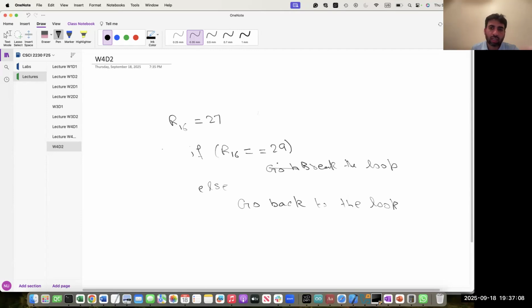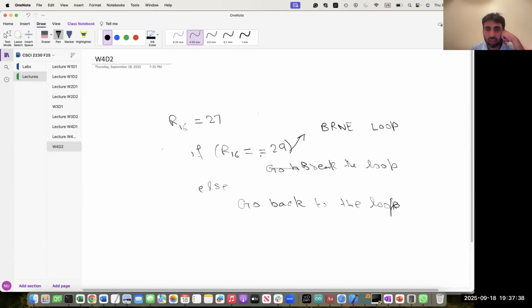Remember, last time I said that in assembly, most of the time, we prefer to write an instruction which checks the condition opposite of what we have in our pseudocode. So here we are saying if R16 is equal to 29. In assembly we can say branch if not equal to 29, then go back to the loop.